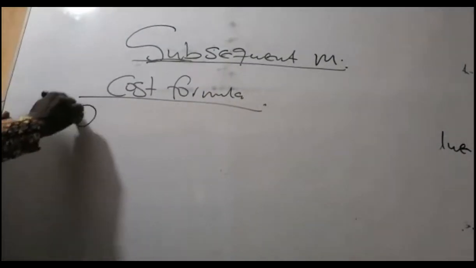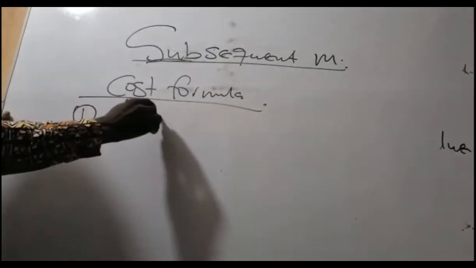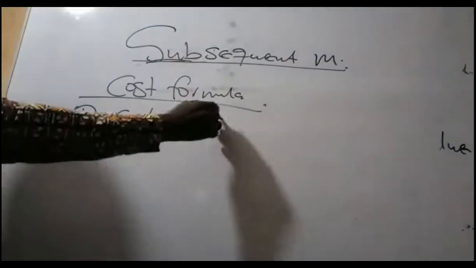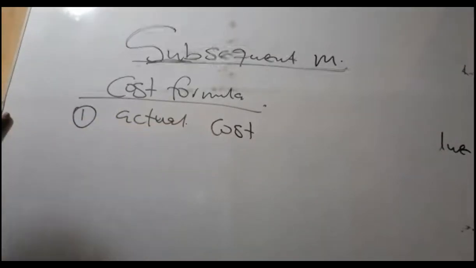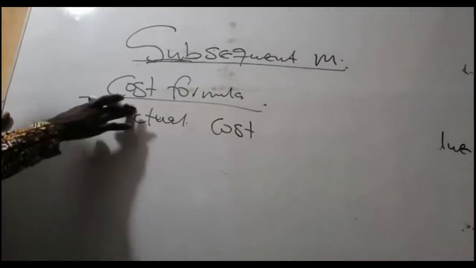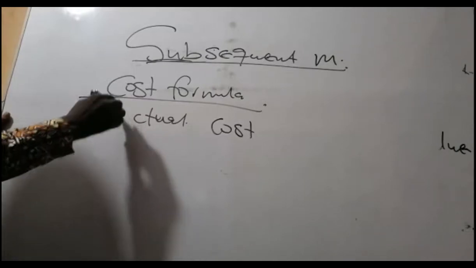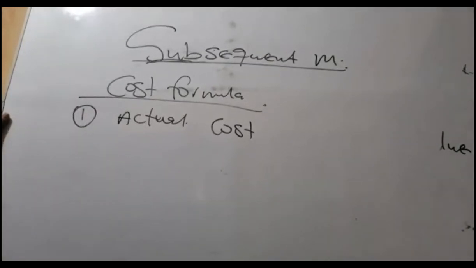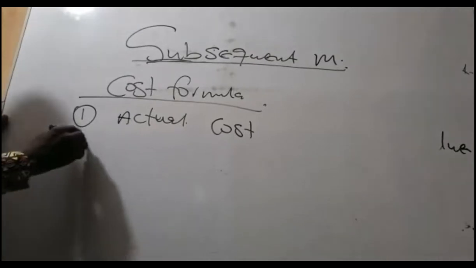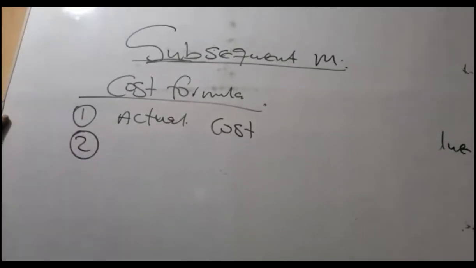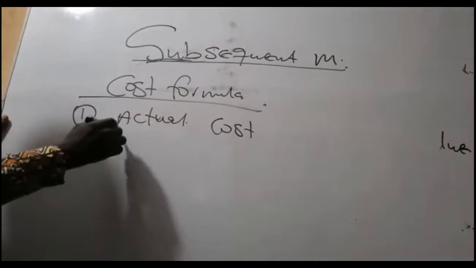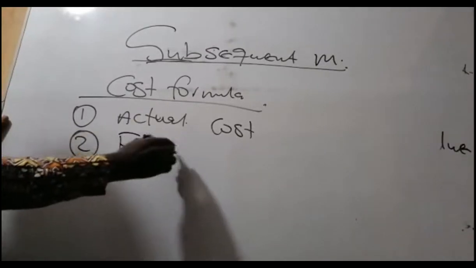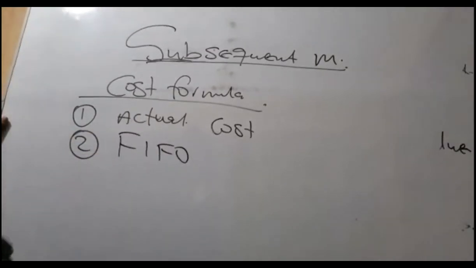Now, one, you can use the actual cost. You know it already. That's what we did at the initial measurement, the value of that inventory. Two, you can use what we call FIFO, first in, first out method.